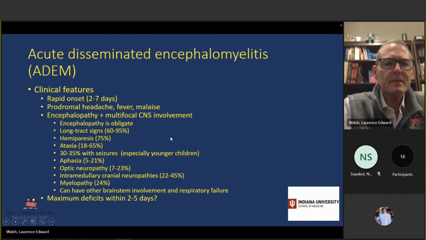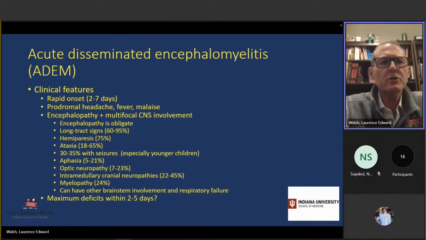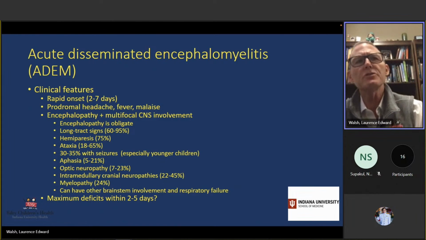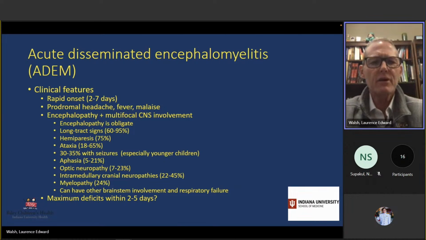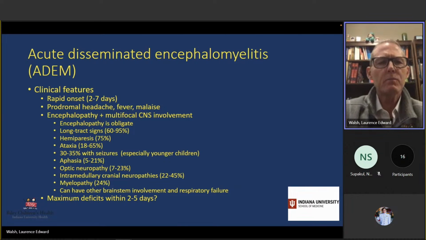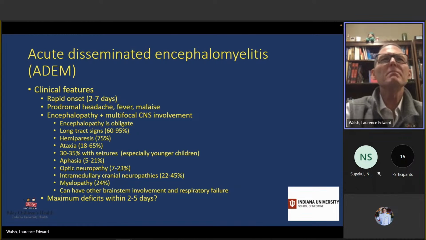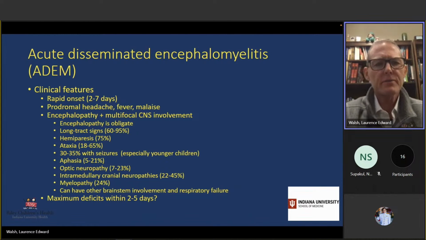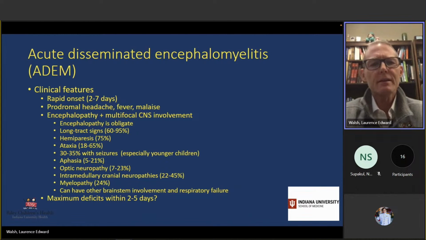And this is something when a child shows up in the emergency department with seizures, this is not what we think of automatically. And I had one child maybe 4 years ago or so who was very instructive for me because that child showed up with seizures. We got an MRI scan immediately.